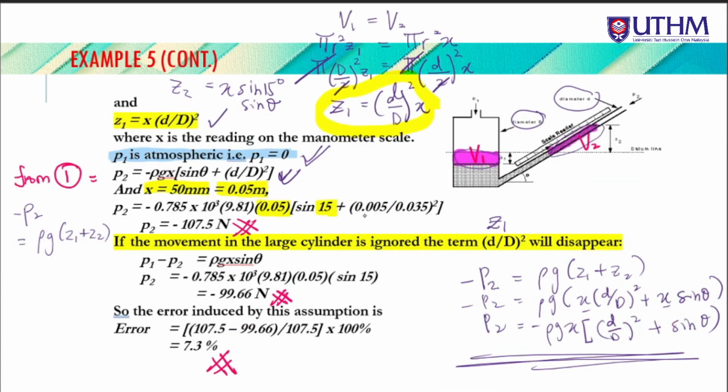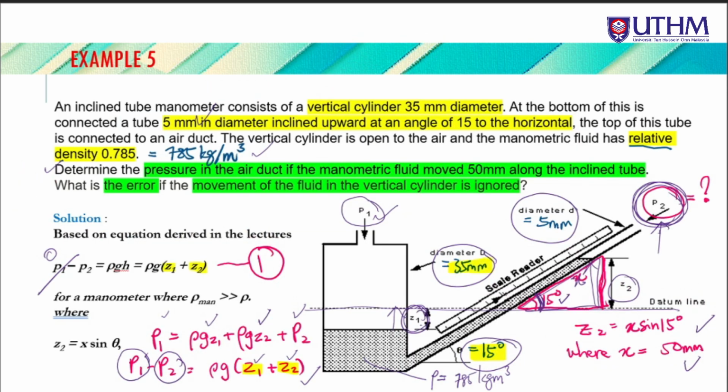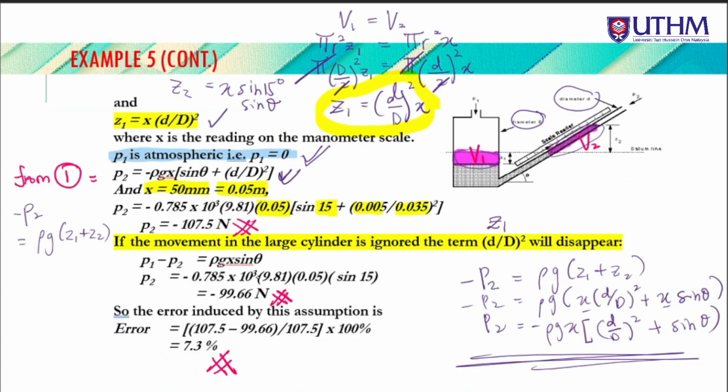Okay, so ini pun kita tahu diameter diberi, semua ni diberi, cuma kita kena tukar kepada SI unit. Okay, so kita akan dapat the value of P2 will be equal to minus 107.5 Newton. Okay, this is the value of P2.